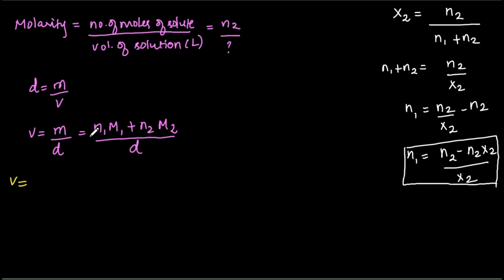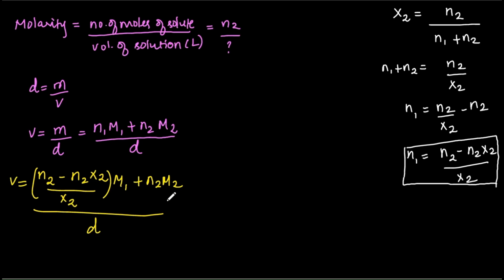Volume is equal to, in place of N1, we are going to substitute here N2 minus N2 x2 whole divided by x2, and then we are having M1 plus the second term N2 M2, and everything is divided by D. Now we are going to multiply this M1 to these two terms, and then we have to take the LCM for the numerator. So we will see that.